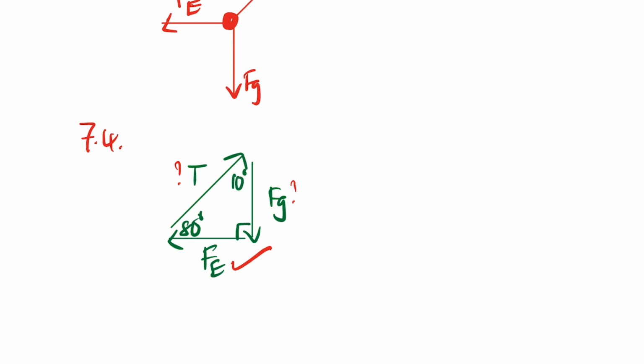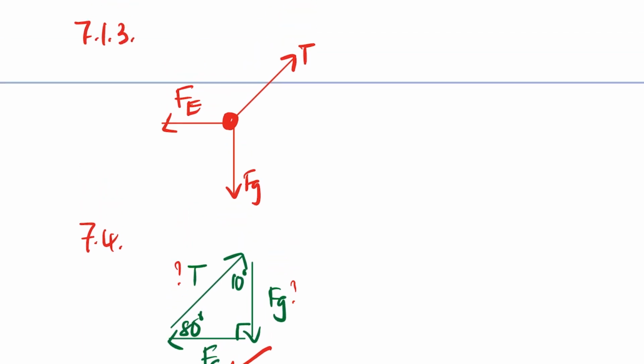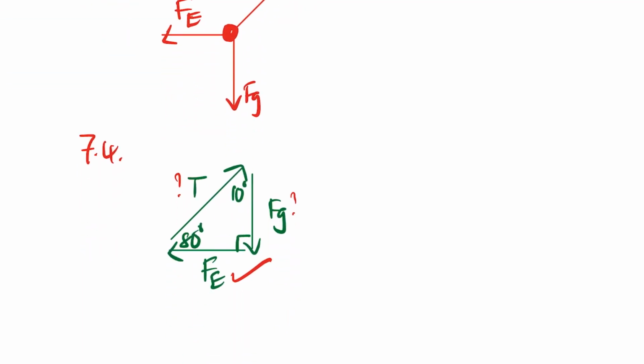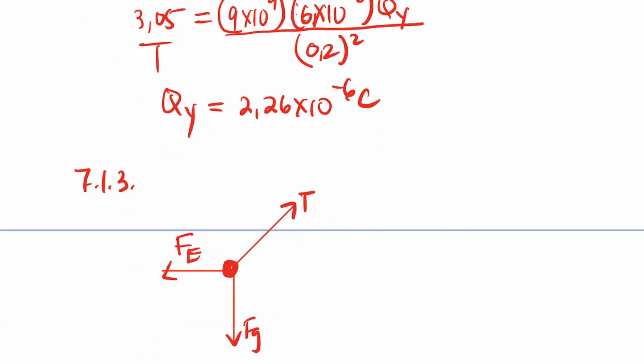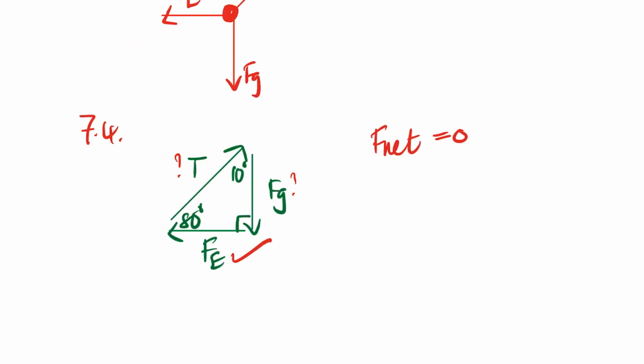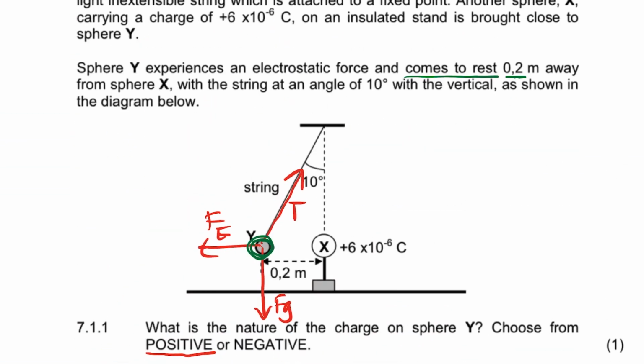So what are we going to do mathematically? We'll say F net is equal to 0 because this is at equilibrium, right? Let me redraw here. We have this tension, and the forces acting here are the gravitational force, the electrostatic force, and there's a component Tx of the tension in that direction.